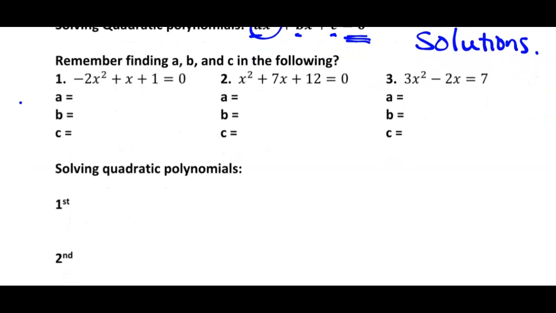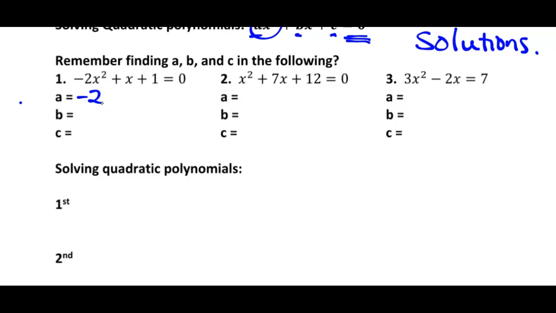So in this first equation, my A is -2 because it is with my x squared term. It is the coefficient that's in front of the x squared term.